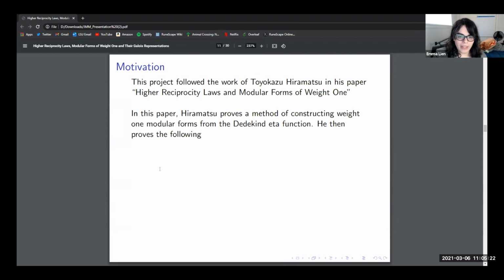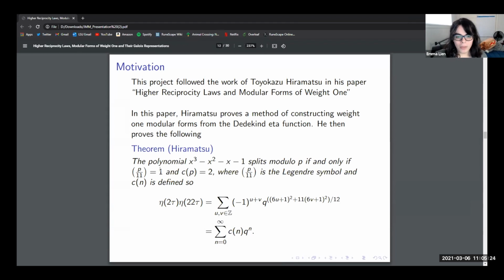And he proves the following theorem. So the polynomial x cubed minus x squared minus x minus 1 splits mod p if and only if the Legendre character of p over 11 is 1 and c of p is 2. So c of n is defined as the nth coefficient of the Fourier expansion of this eta product, which is a modular form.